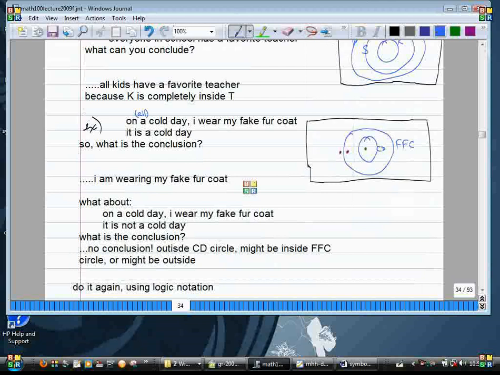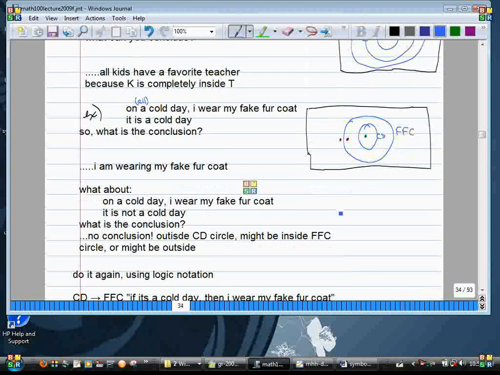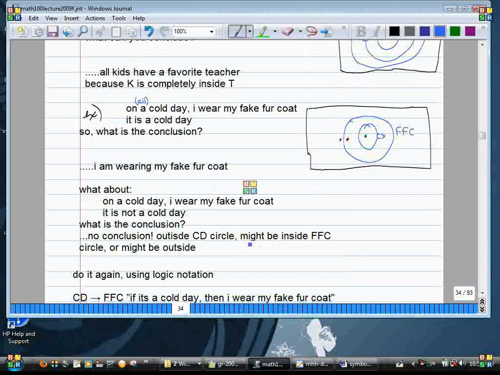How can we rewrite that? What kind of statement is that? It's an if-then statement. If what, then what? So there you go. Now, let's see. I think let's do the first one first. So the next statement was, it is a cold day. So how do we write that down in logic notation? Right.